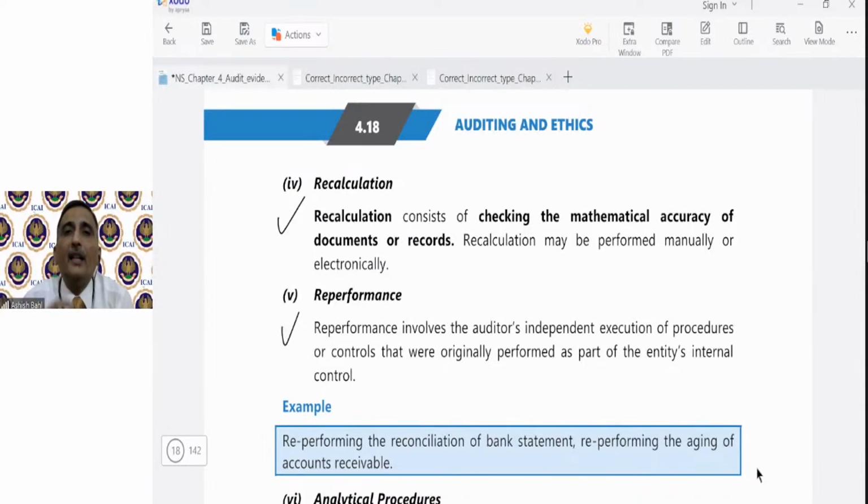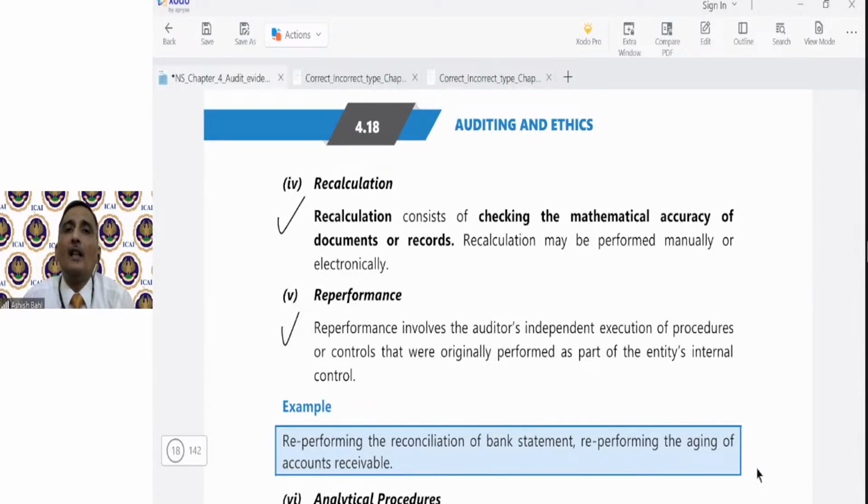He reperforms it to gain satisfaction. It is called reperformance. So it is not the same thing as recalculation. Recalculation is a very narrow term. It is just restricted to checking mathematical accuracy. Totaling ठीक है, multiplication ठीक है, these sort of things. But reperformance is a broader term.